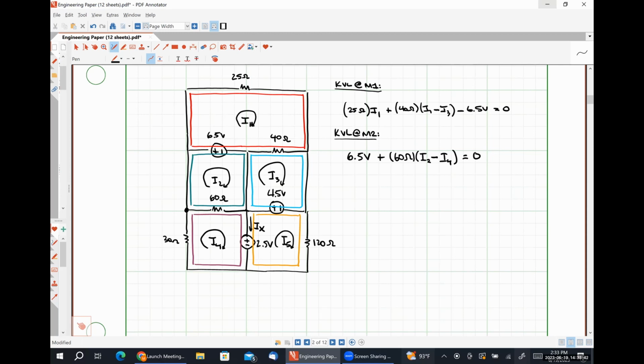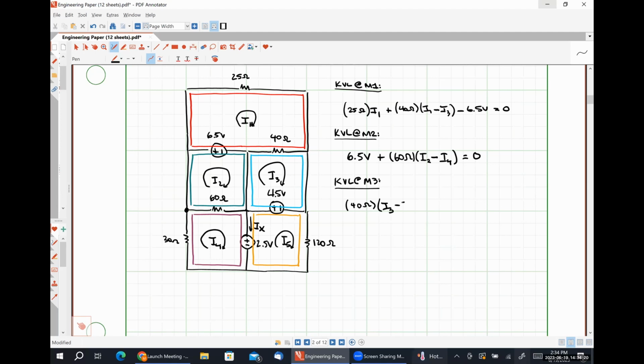Okay. So Christian, I'm going to call on you again. Tell me what's going on here with mesh 3. It's a similar situation, so this is an opportunity to redeem yourself, so to speak. Not that there was anything wrong with making a mistake. Starting at the bottom left, it would be 40 ohms times I3 minus I1.